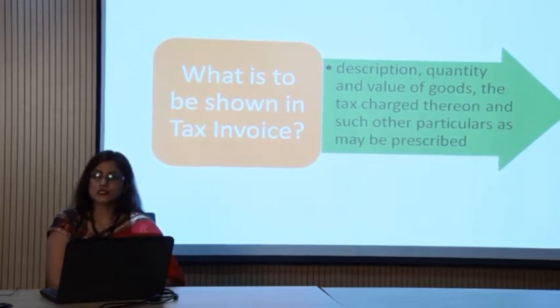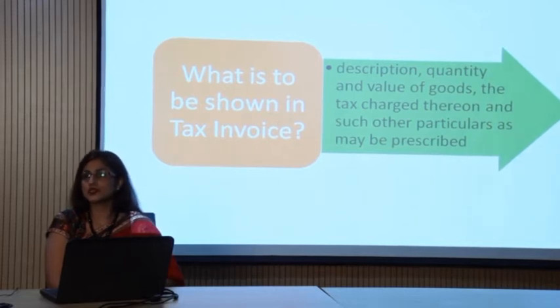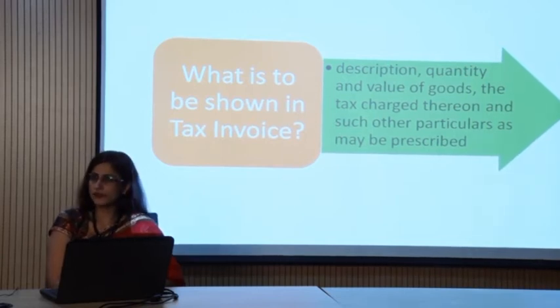Approximately 16 to 17 items are supposed to be mentioned in the tax invoice, as per the applicability to that particular business. But section 31 talks about description, quantity, value of the goods, and what is the tax charged on that.